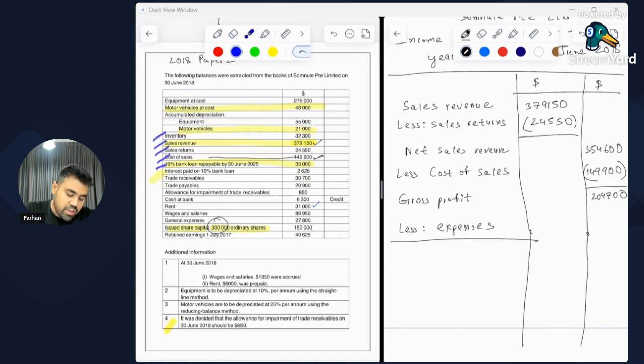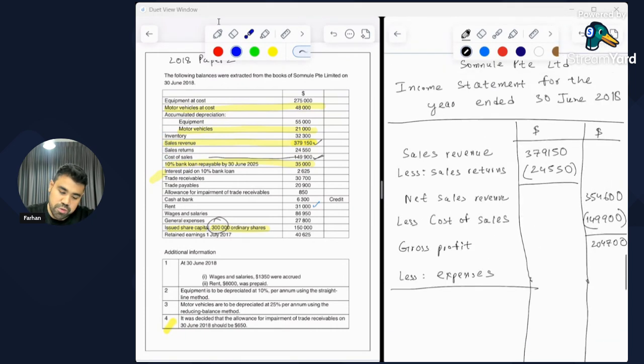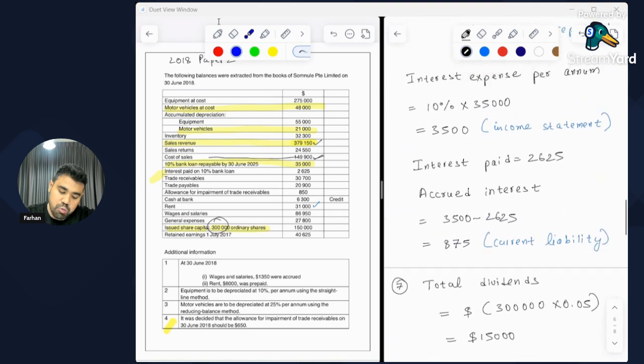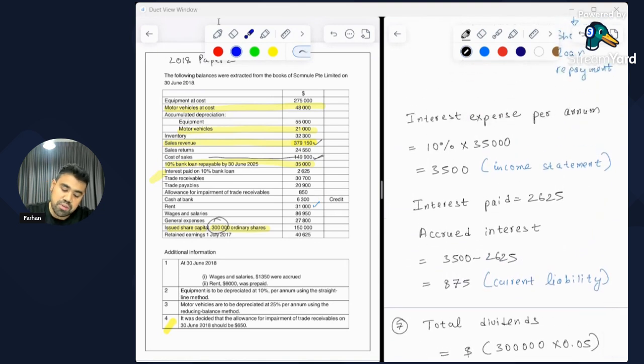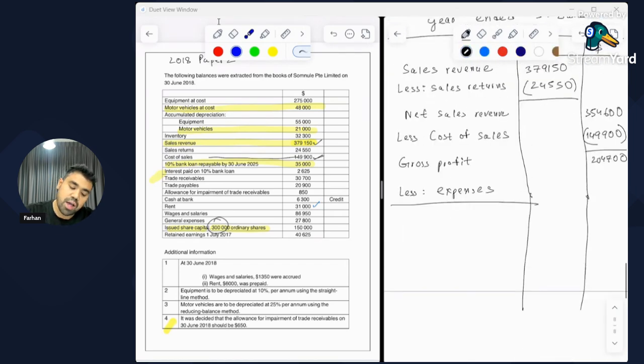We know that the 10% bank loan in itself is a non-current liability, but we do know there's an interest expense. Now, the interest expense, if I was to scroll back up, we had calculated on an annual basis to be 3,500, right? So this interest expense is the first item under the expense section that we're going to include. So interest expense is 3,500.